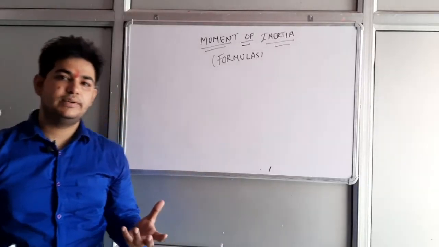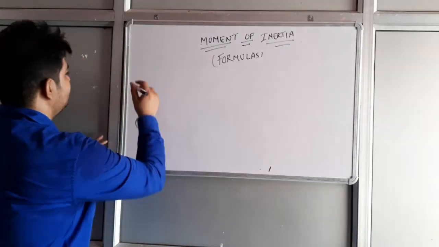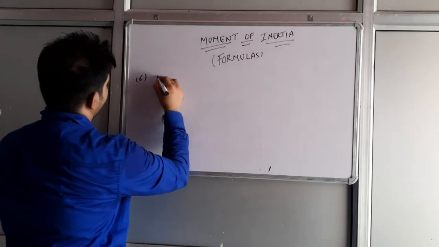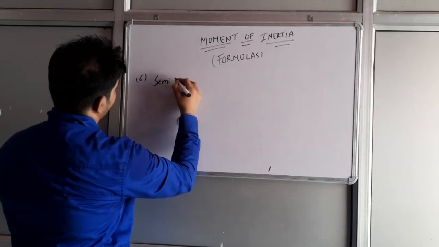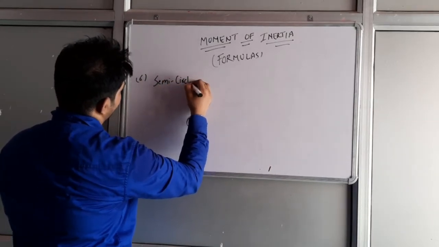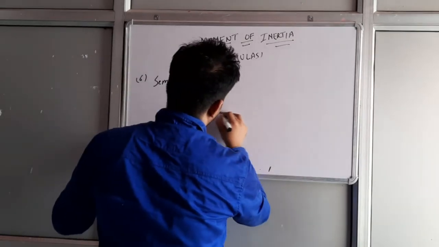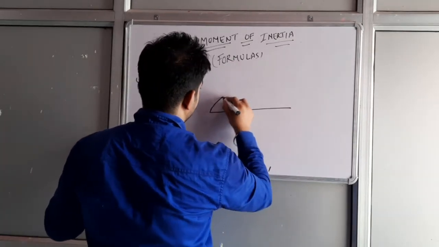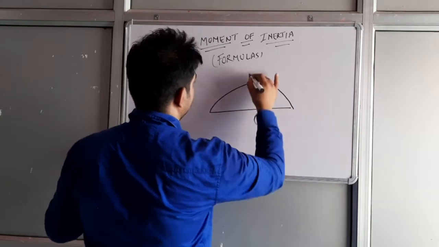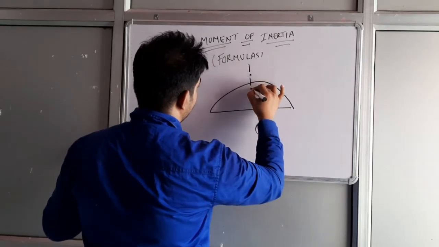Now the sixth figure is semicircle. Let us draw a figure. Let us draw y-axis.